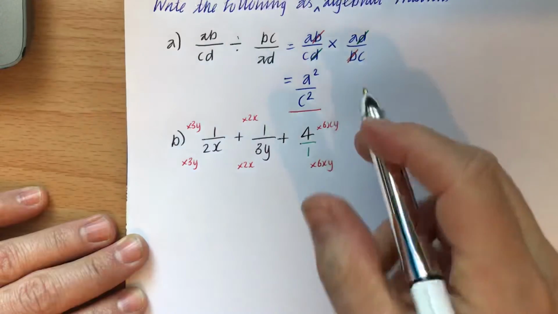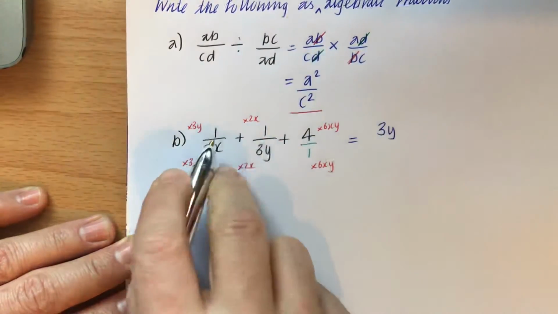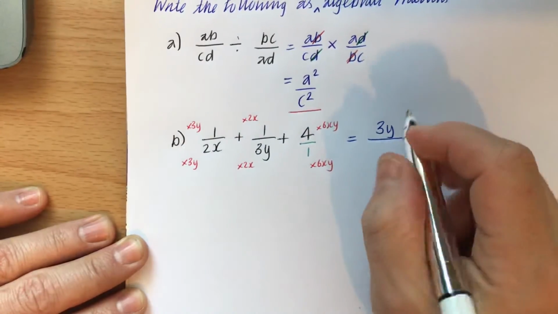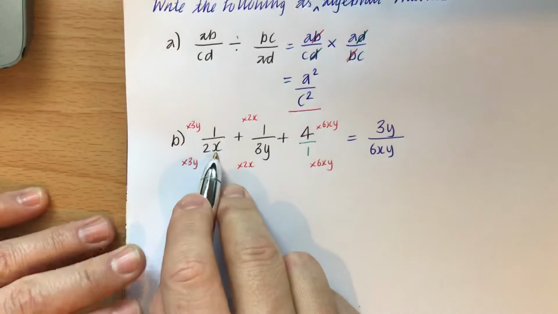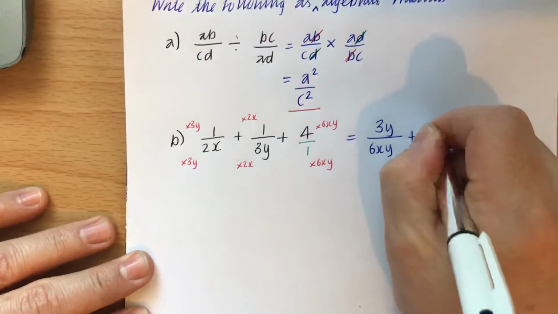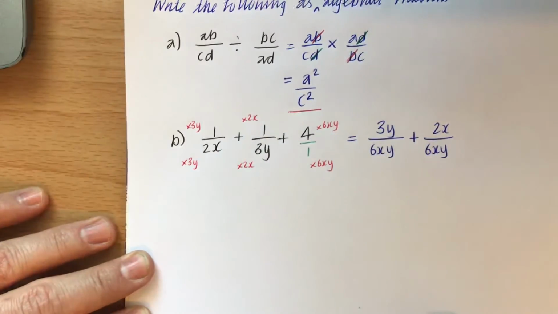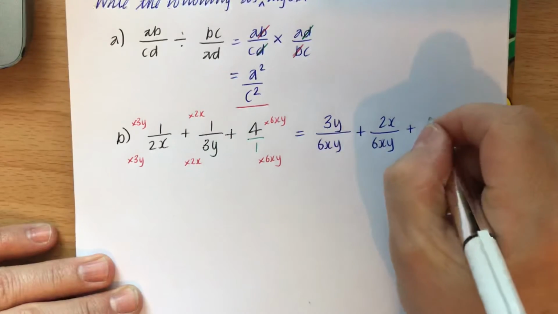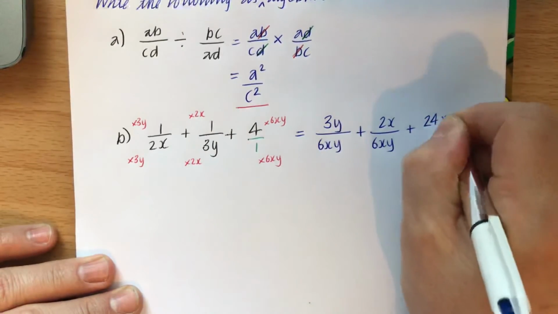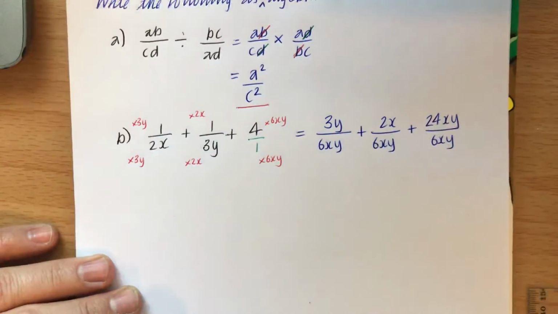So this would now look like 1 times 3y, 3y over 6xy, which is what we get when we times these, plus 2x over 6xy, plus 4 times 6, 24xy over 6xy.